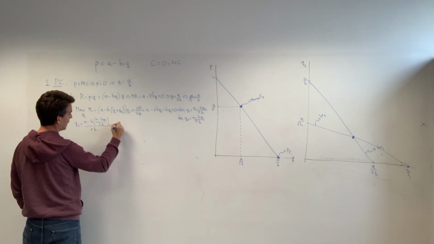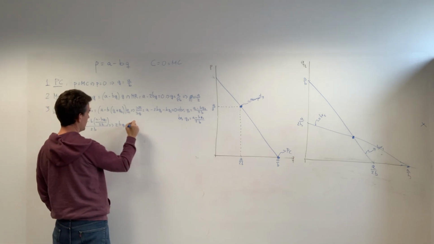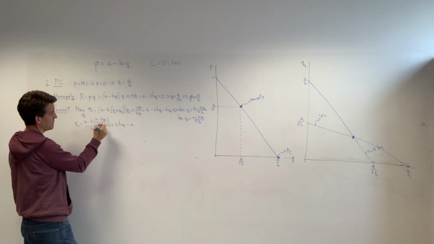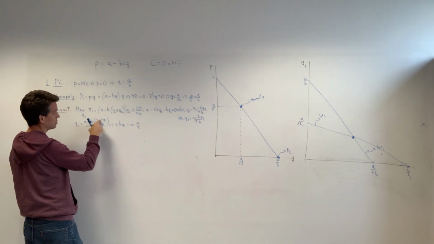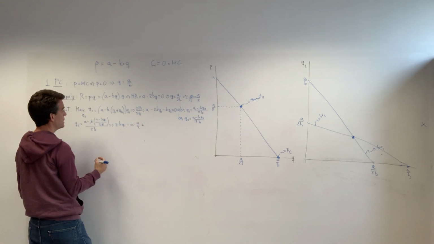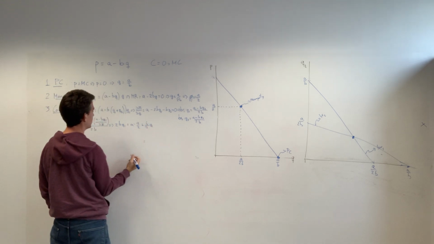So from here, we have that 2B Q1 equals A. The B with the B, they cancel out, so A minus A divided by 2, minus times minus is plus, B divided by 2, Q1, and that's it.